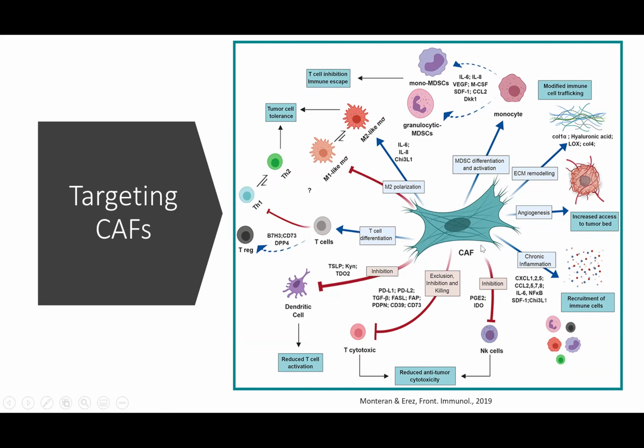Like you see here, cancer-associated fibroblasts secrete different factors to modulate the whole tumor microenvironment. They can suppress the activity, of course, of the cytotoxic T cells, like you see here. They can also activate the M2 macrophage phenotype here. So CAFs can also help polarization of macrophages from M1 to M2, like the cancer cells. They can activate the T regulatory cells.